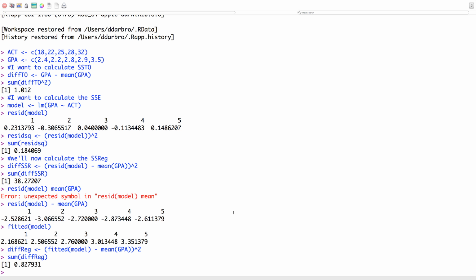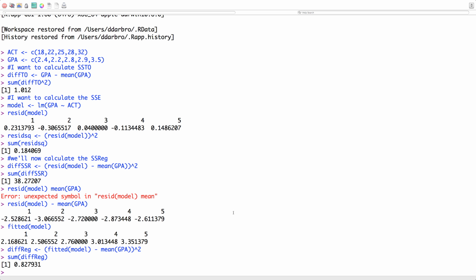So the predicted value minus the mean, that's the fitted. And if we subtract the mean for the GPA, square each result and sum it up. Well, guys, the only thing I can imagine here is we're getting a rounding error, and that doesn't make sense either.